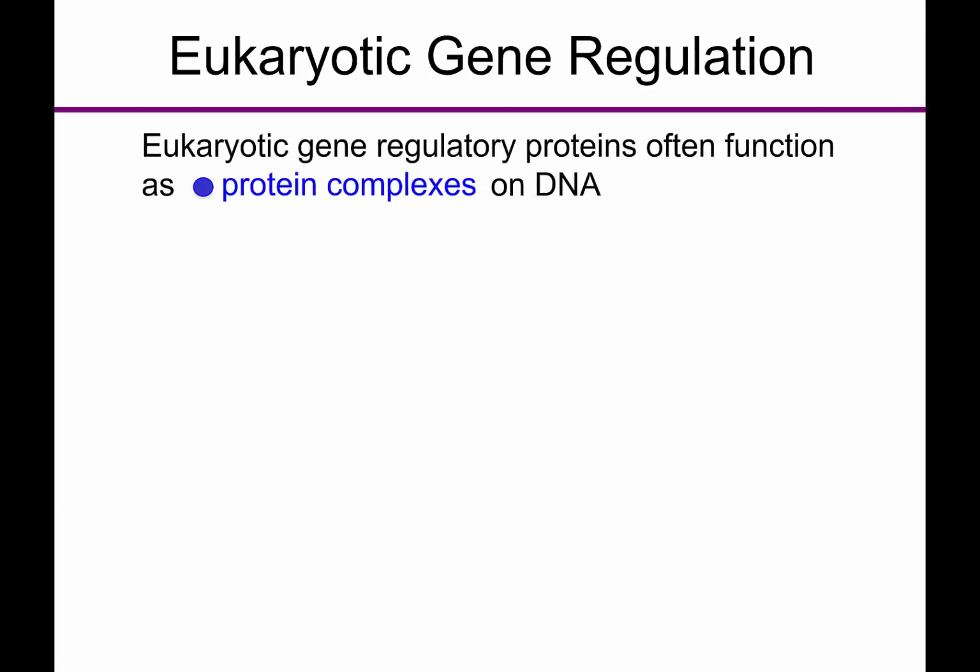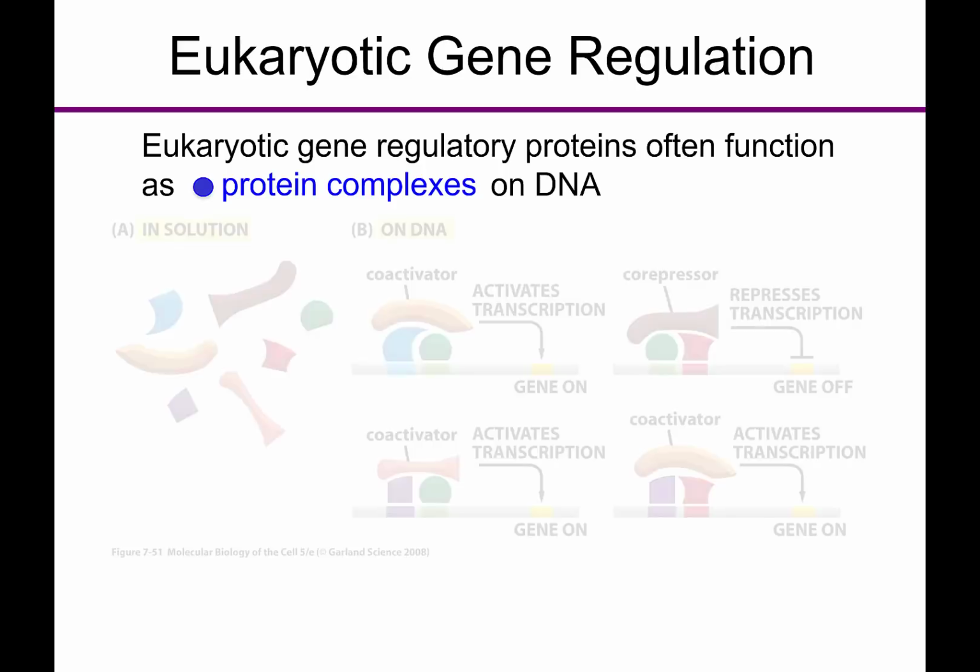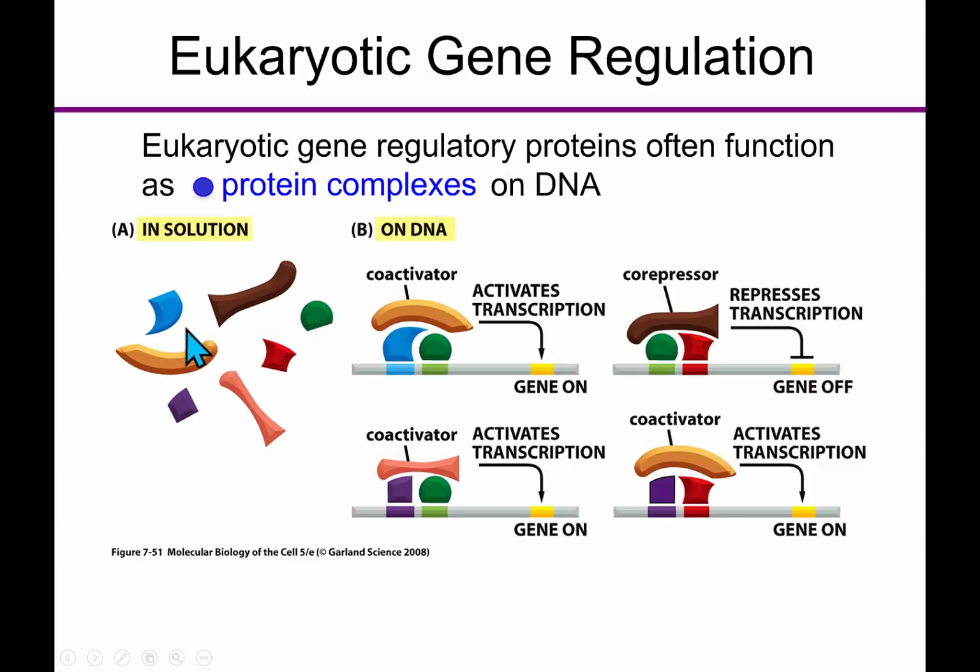The eukaryotic gene regulatory proteins often function as protein complexes on DNA. Now, just in a solution, you might have a number of these proteins floating around, but they may assemble on the DNA. So there's a couple of examples here just as schematics. Let's say this is your DNA. Let's say there's a blue sequence and a green sequence. And remember, your gene regulatory proteins are going to be specific, right?